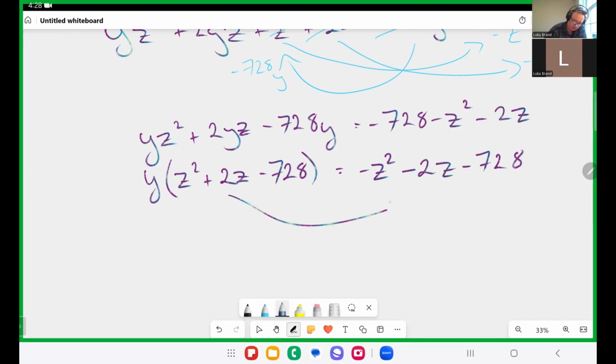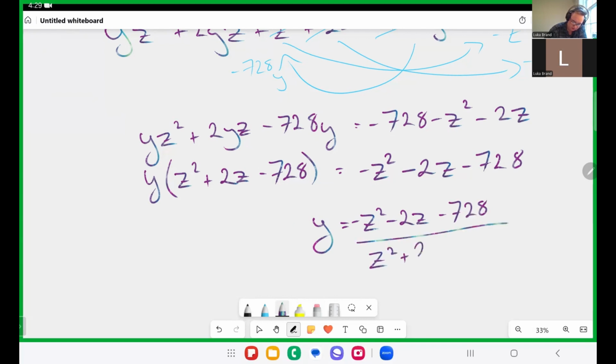Again, moving this to the other side and dividing it. y equals negative z squared minus 2z minus 700 over z squared plus 2z minus 728. Now, that gives me y in terms of z.